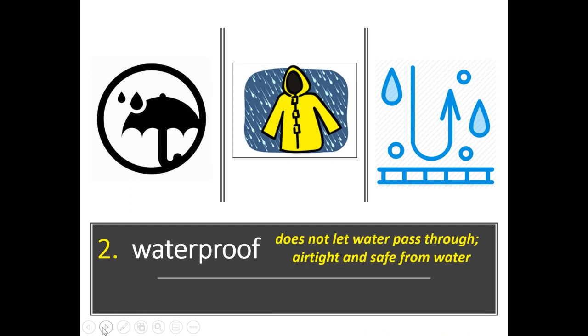Does not let water pass through, airtight and safe from water. So a synonym or word that means the same is airtight. Airtight. That is also a compound word. Air plus tight is airtight. Airtight is a synonym for waterproof.